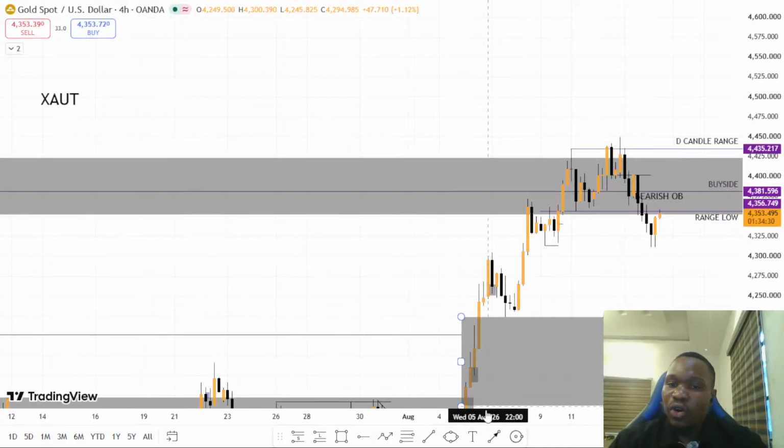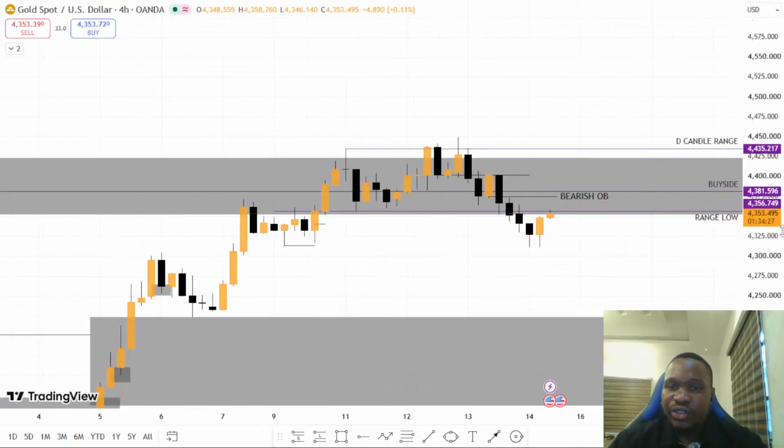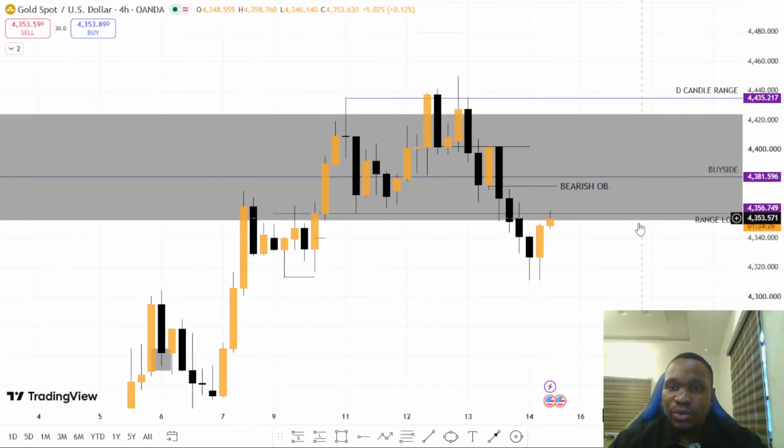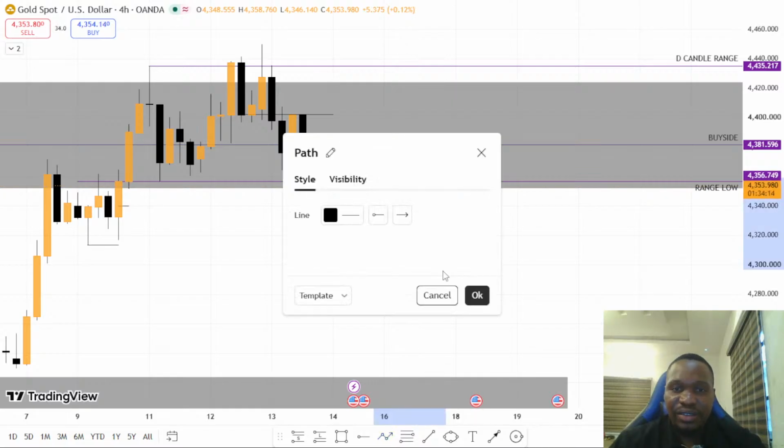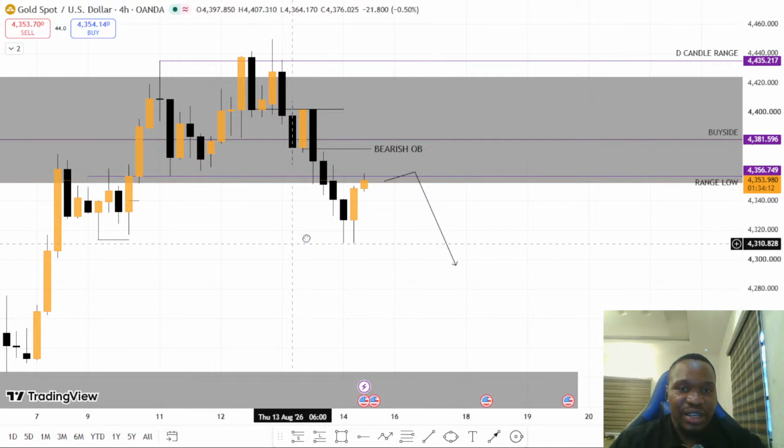So it can also be that price can just come to this point where we have the bearish fair value gap. Remember, this is the daily bearish fair value gap, and try to trade lower. This can very much happen.